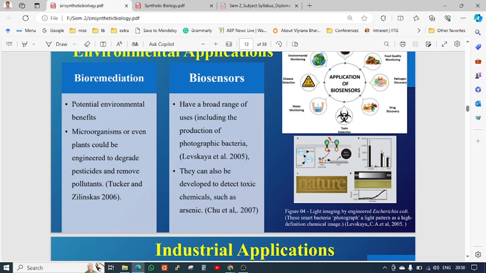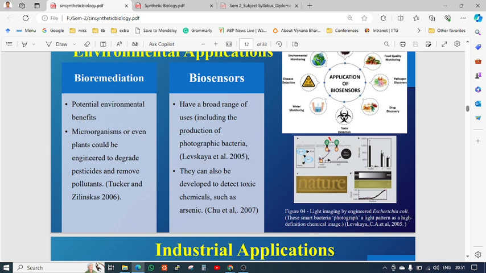Naturally, microbes do not degrade these toxic chemicals, but if you synthetically sequence some DNA, and with the help of genetic engineering and synthetic biology design such a bacteria or microorganism that can degrade these toxic pollutants, or even oils, because sometimes oil spills occur in the soil, then soil fertility is lost. If you design some bacteria that can degrade and reclaim the oil, that is very useful. That is called bioremediation.